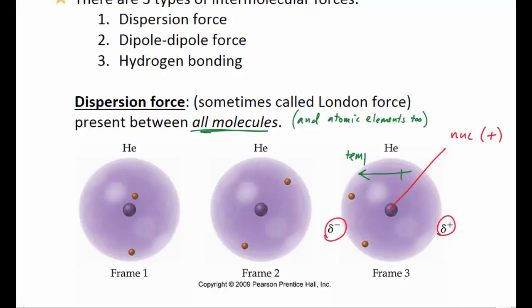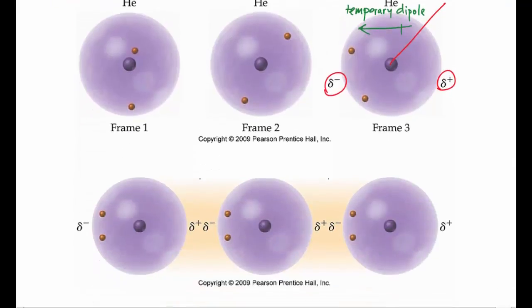This is a temporary dipole. Temporary just meaning it's only there for a short period of time. Okay? And these arrows always point towards the more negative side. Okay? So there's more electrons over on this side than on that side just due to random chance.